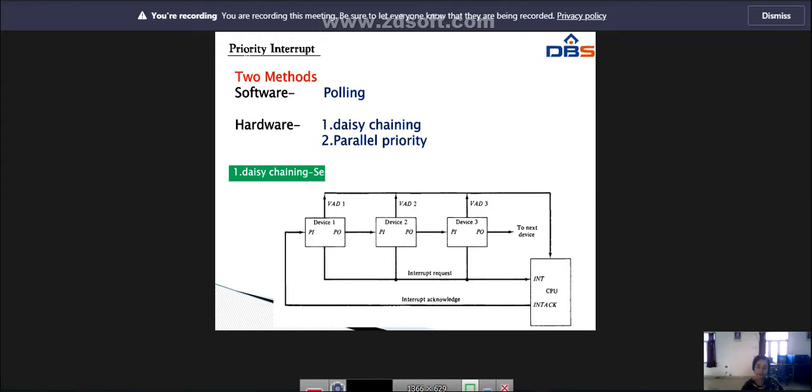If PI is 1 and RF is equal to 0, then PO is equal to 1 and the vector address is disabled. This condition passes the acknowledgement signal to the next device through PO. The device is active when PI is equal to 1 and RF is equal to 1. So this is the main explanation of the daisy chain priority interrupt.